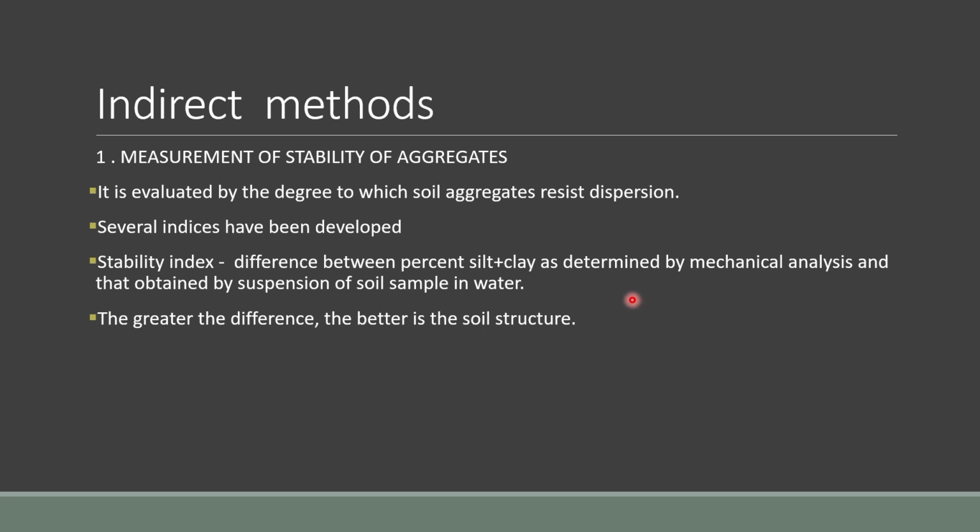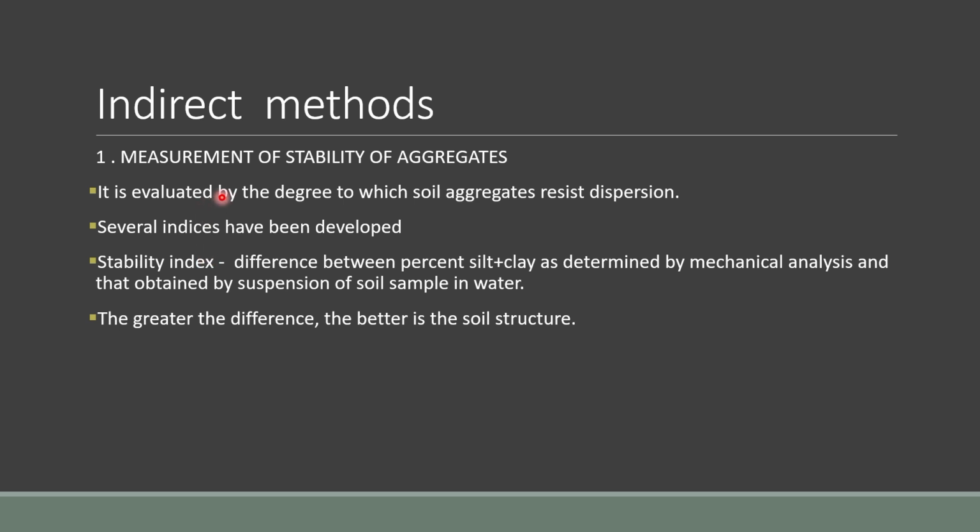All the sand will settle, and what remains in the suspension is silt and clay. Then we dry that and get the silt and clay weight. From that weight we calculate the percentage of silt and clay. The difference between the two is the stability index.